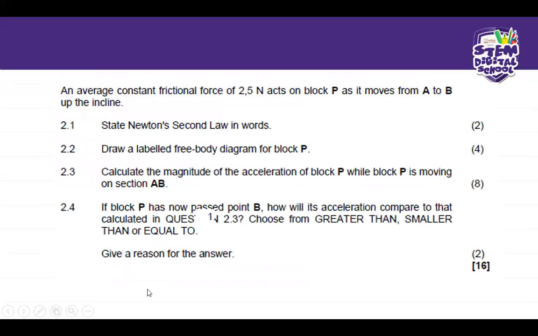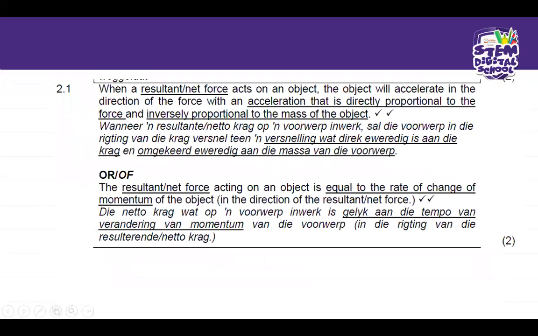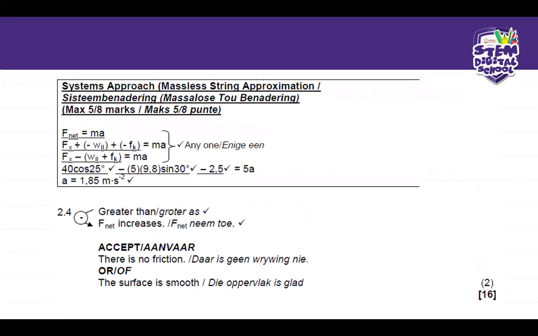Okay, then we move to 2.4. If block P has now passed point B, how would the acceleration compare to the one calculated in 2.3? Choose from greater than, smaller than, or equal to. So this will be greater than, because the net force will increase, since there's no friction and the surface is smoother.